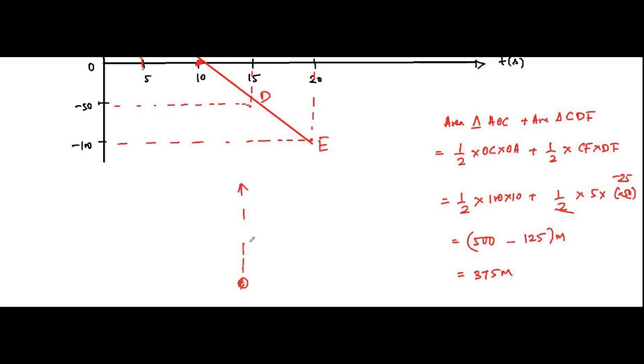So basically, if we try to portray it in the actual diagrammatic manner, from 0 seconds to 10 seconds, the ball went up 500 meters, then after 5 seconds it dropped back around 125 meters, at 15 seconds.